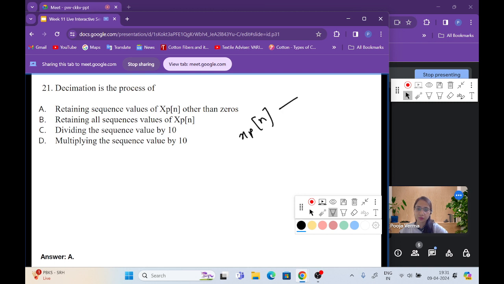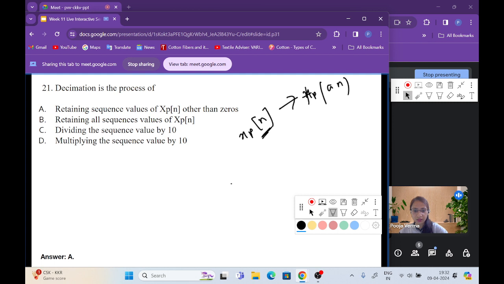By decimating, let's say our decimating factor is D, we are removing that number of zeros or removing that number of sequence values. We are retaining the same values other than the zeros.